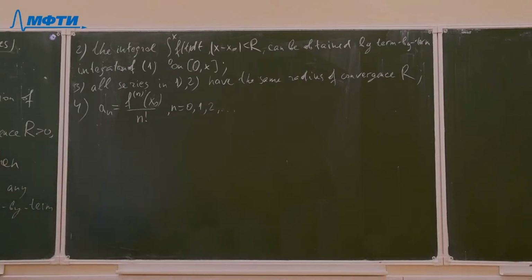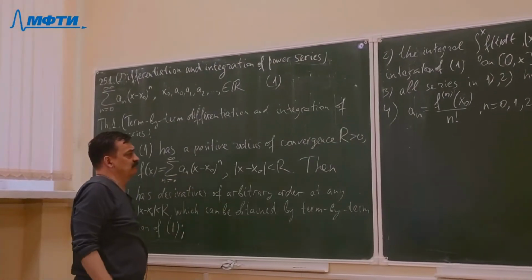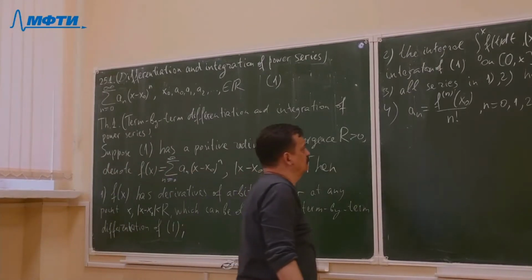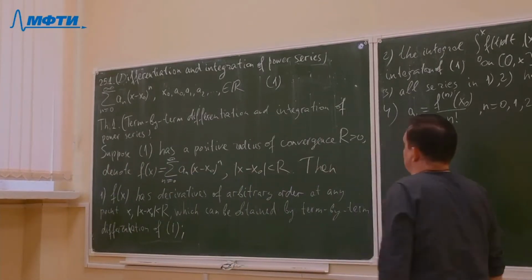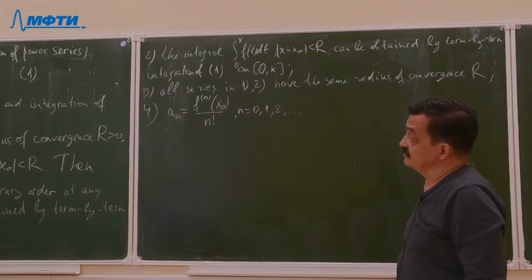So once we have a power series with positive radius of convergence and denote its sum like that, then coefficients can be deduced by this formula.